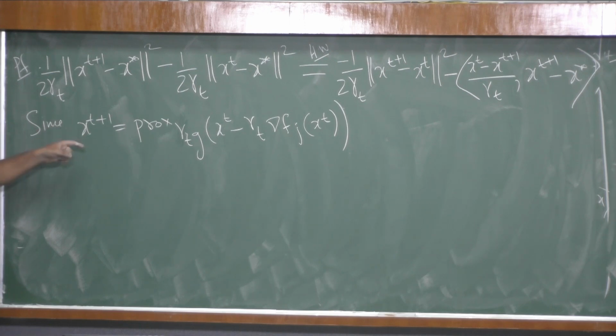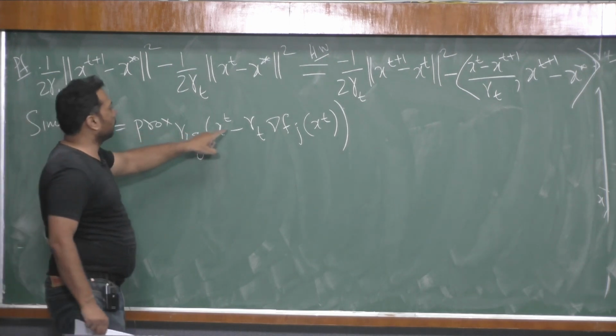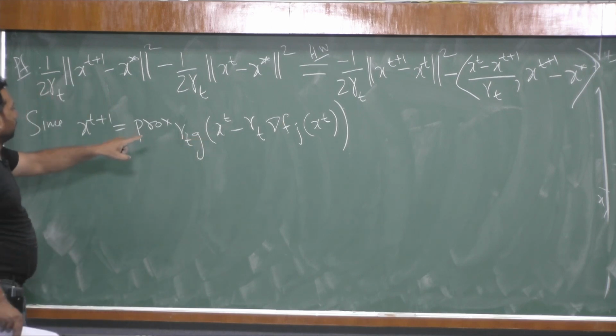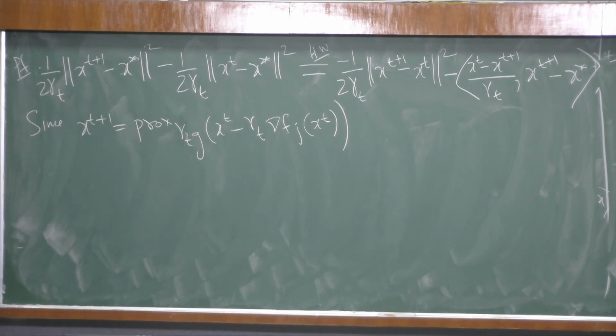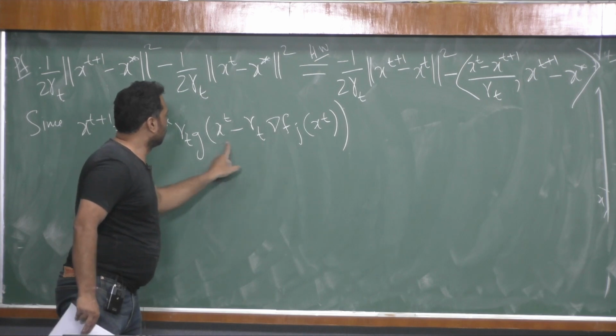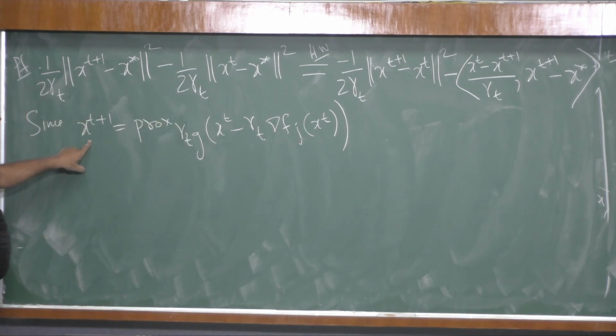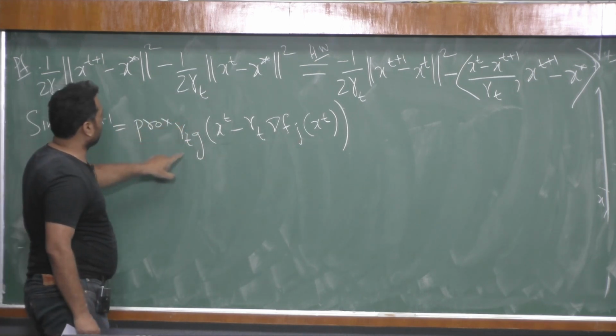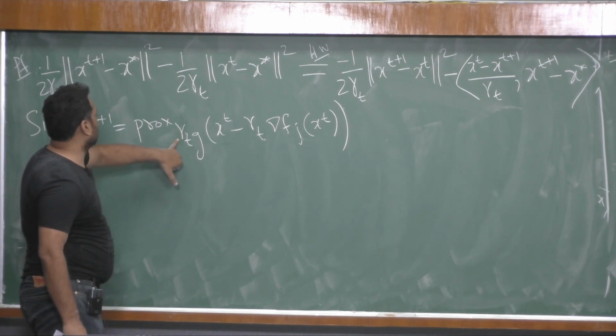Now by looking at this, we will see this is equal to this. So then we will claim that this whole thing, this minus this, will be in the subdifferential of gamma t g.